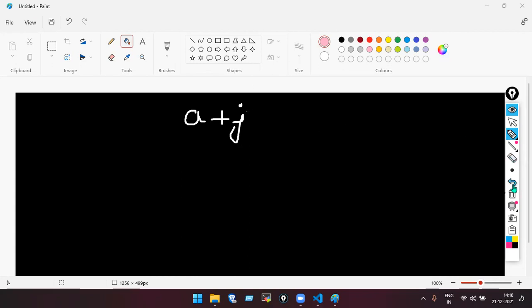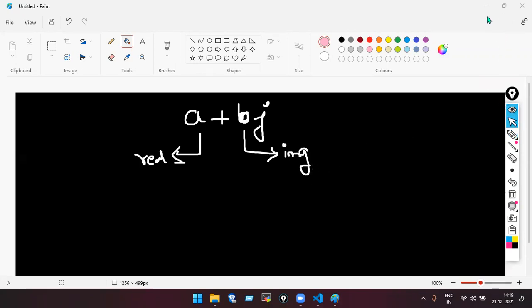And mostly if I write in a proper manner, then the actual formula is a plus bj. Okay. This is the formula, a plus bj, where a is the real part and b is the imaginary part.